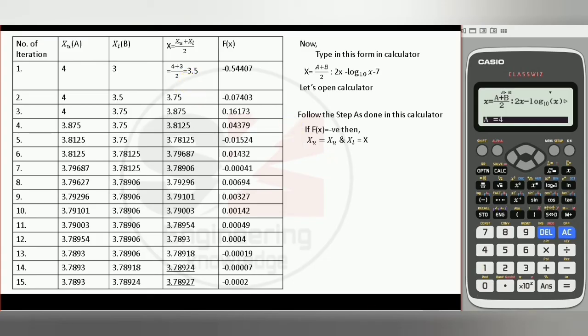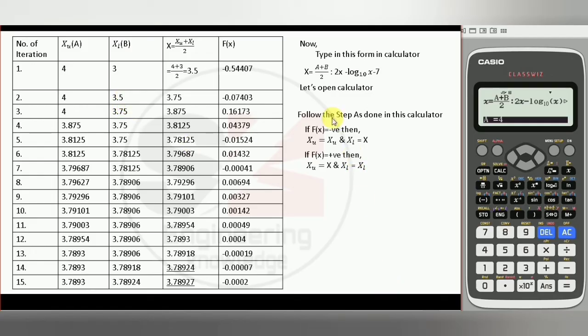And if the function of x is positive, then the xu value will change to this mean value, and the xl value will remain the same.